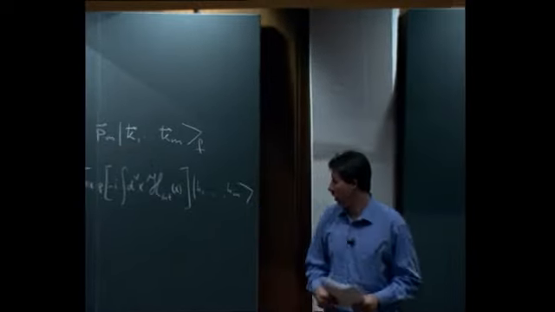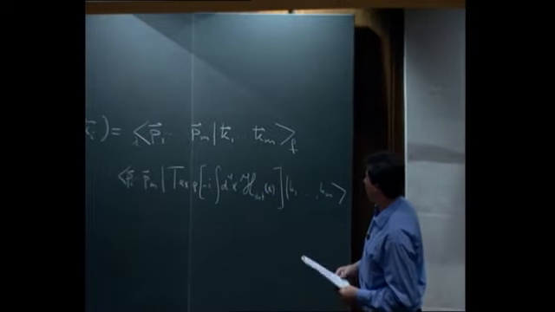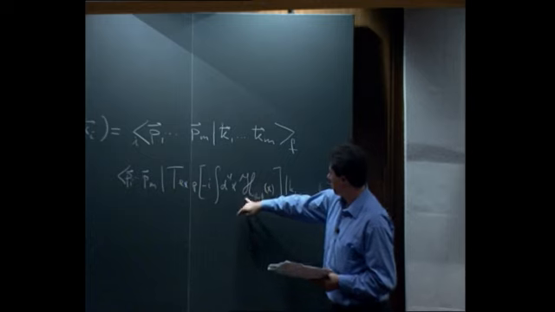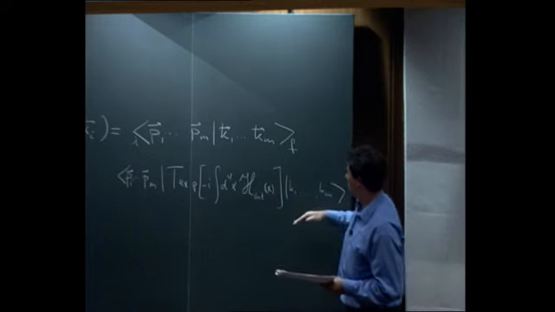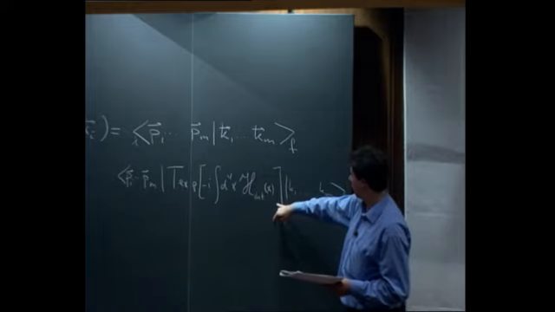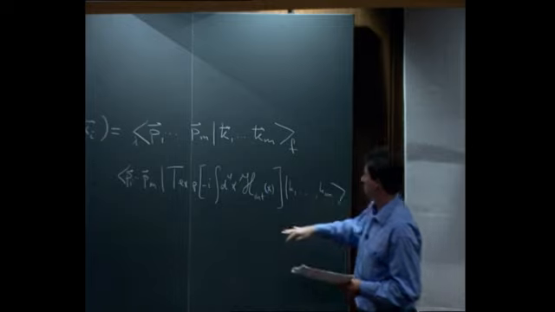Now, to evaluate this, what we do is actually expand again the exponential into powers of these interaction Hamiltonians, and then you have to just evaluate using the Fock space oscillator algebra all of these expectation values.